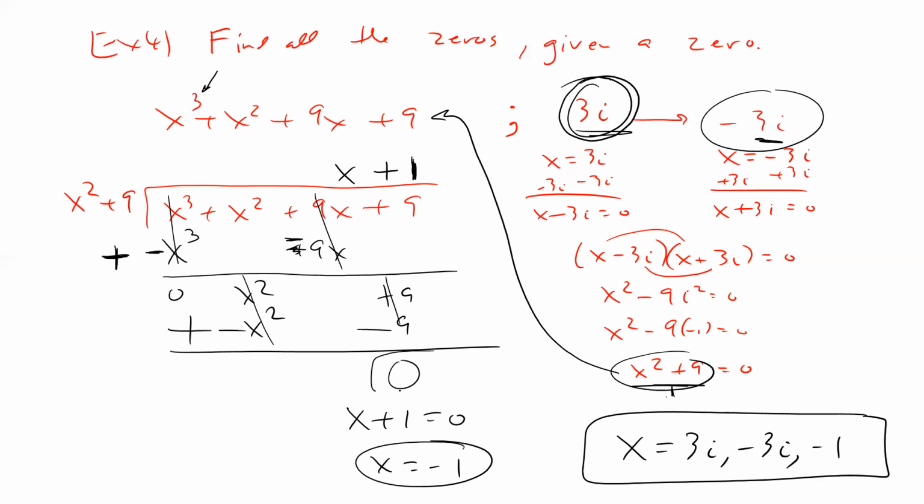And I had to have a remainder of 0. I know that this now is factorable by x squared plus 9 times something else. And I found that something else to be x plus 1. Cool. So yeah, it's almost like these little puzzle pieces we get to put together here.